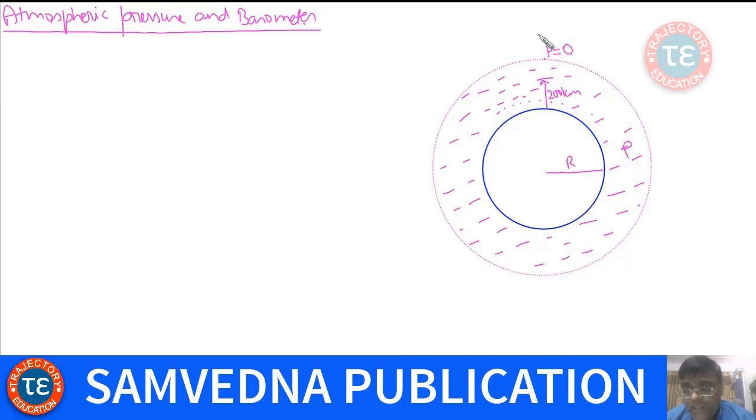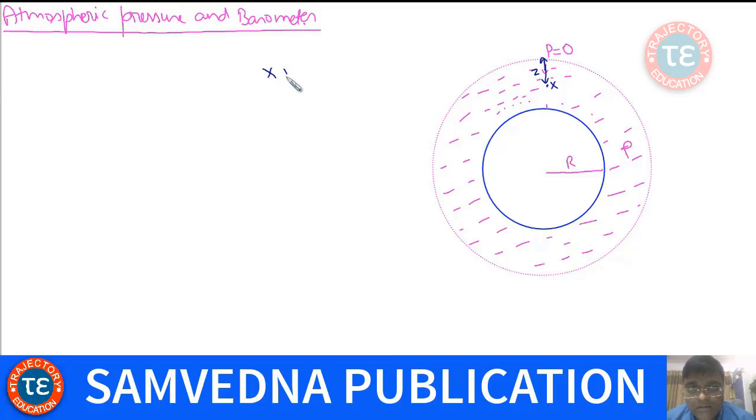But as you go down from this point, say to a point X, suppose X is at a distance z below the upper layer of the atmosphere.